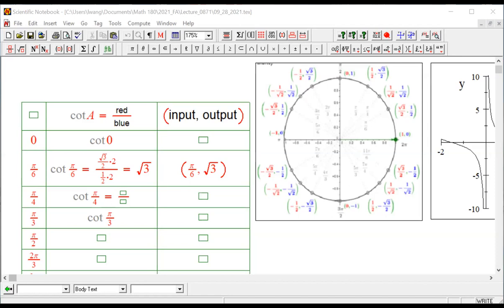I accidentally did all the tables instead of just the sine. Oh, that's great.